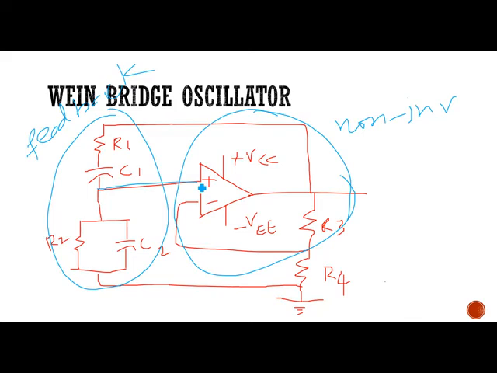Next, the resistors R3 and R4 along with the op-amp form a non-inverting amplifier. The output voltage from the amplifier, which is V0, is attenuated but it is not phase shifted. That means there is no phase shift in a Wien bridge oscillator circuit.